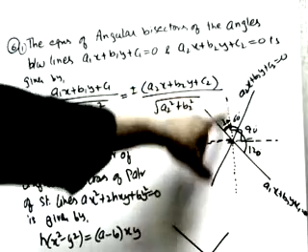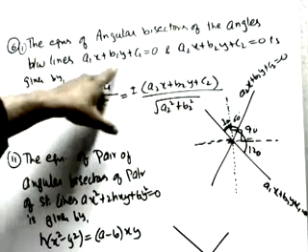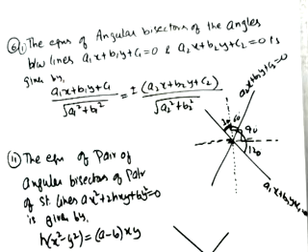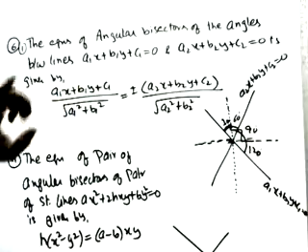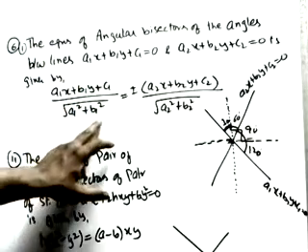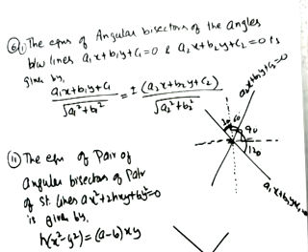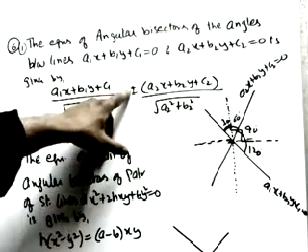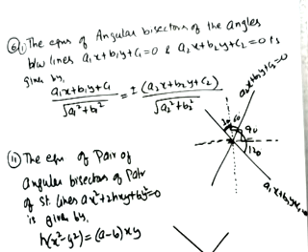So the equation of the angular bisectors, meaning these two lines, between the lines a1x plus b1y plus c1 equals 0 and a2x plus b2y plus c2 equals 0 is given by (a1x plus b1y plus c1) by under root of (a1 square plus b1 square) equals plus or minus (a2x plus b2y plus c2) by under root of (a2 square plus b2 square). Plus for one line and minus for the other line.